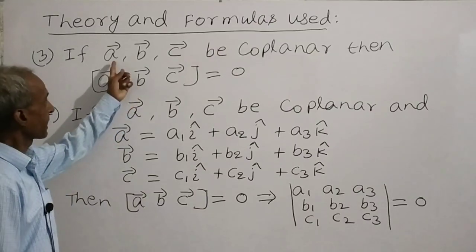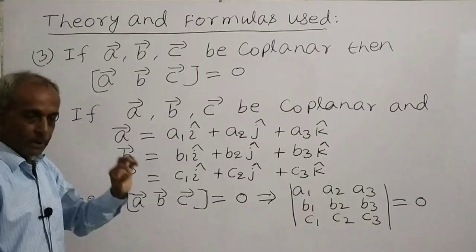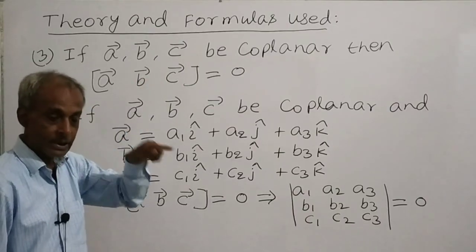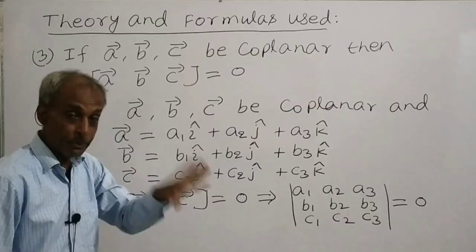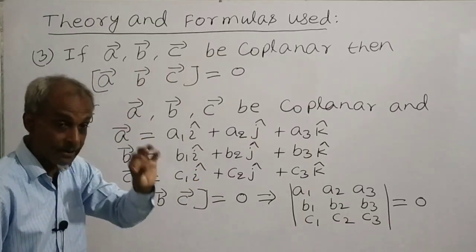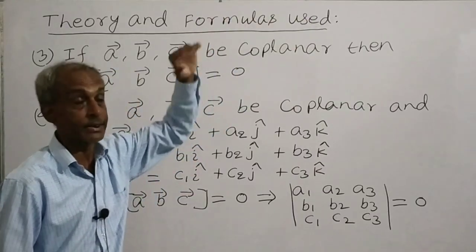If three vectors A, B, C are coplanar, coplanar means either these three vectors lie in one plane or these three vectors are parallel to some plane.